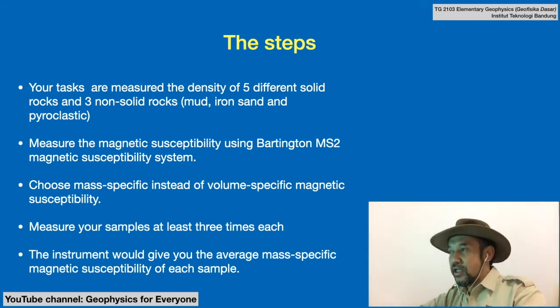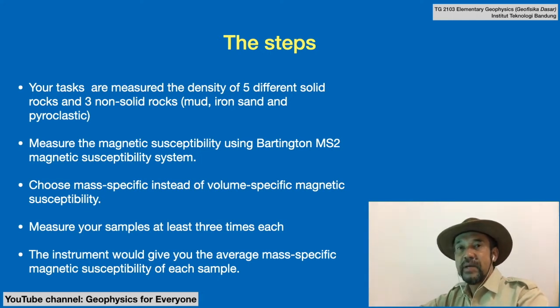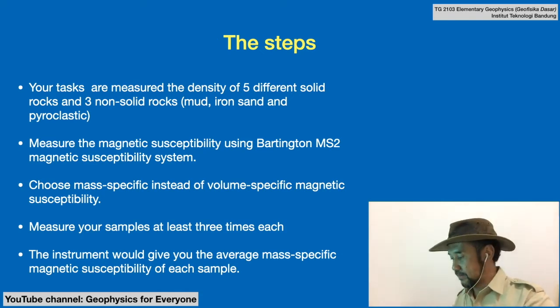Just make sure that you choose mass-specific magnetic susceptibility instead of volume-specific magnetic susceptibility. Please also ensure that you measure each sample multiple times, at least 3 times. And then the instrument will give you the average mass-specific magnetic susceptibility of each sample.